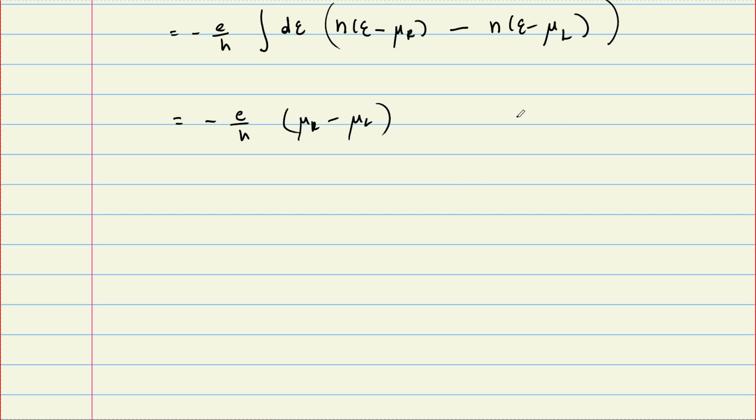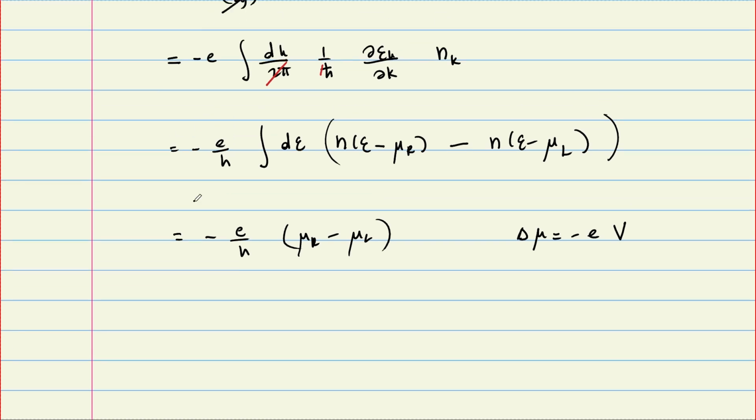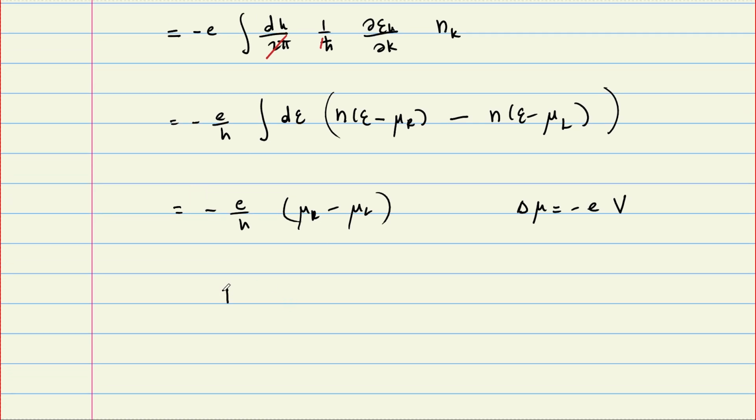And we said delta mu is the applied voltage, which is minus E times V. Let me not write it, it's actually Vx, but I don't need to write it at the end. So we have I equal to E squared over h times V, then sigma yx is equal to E squared over h.